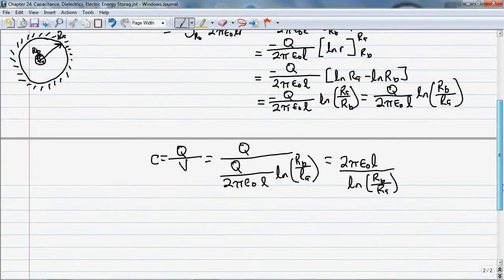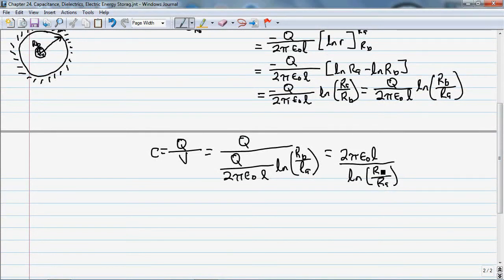Now the interesting thing about this formula is that we can adjust the capacitance. If I get coaxial cable with an inside conductor radius of RB and an outside conductor radius of RA, I can't change those, but I can change the length.